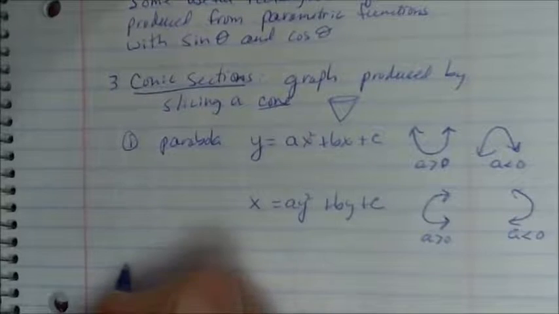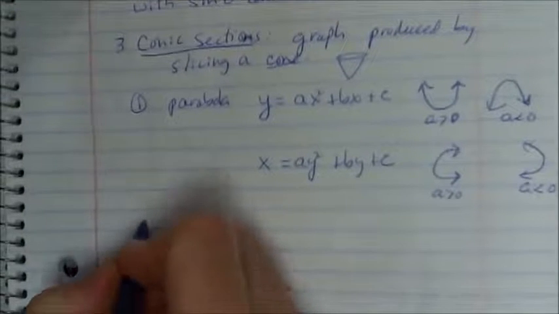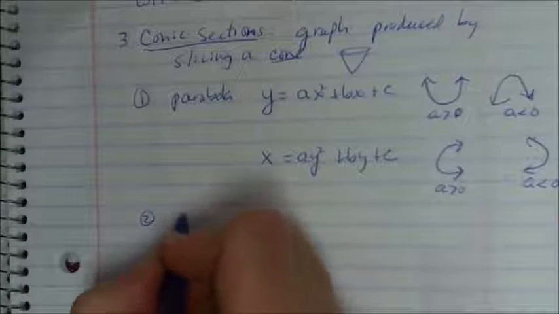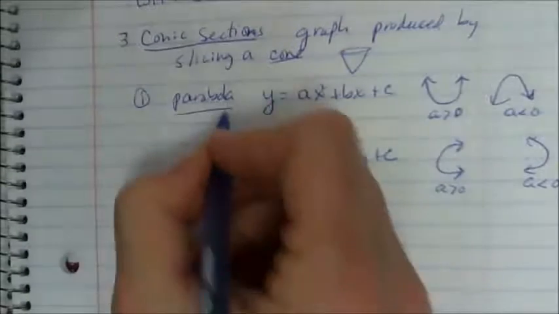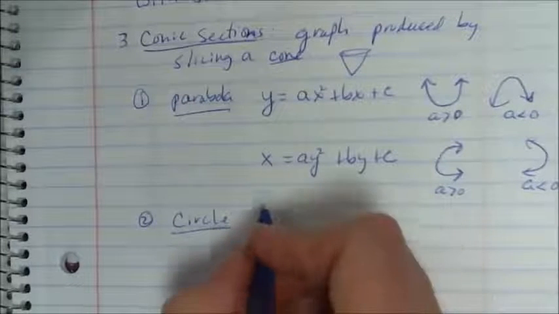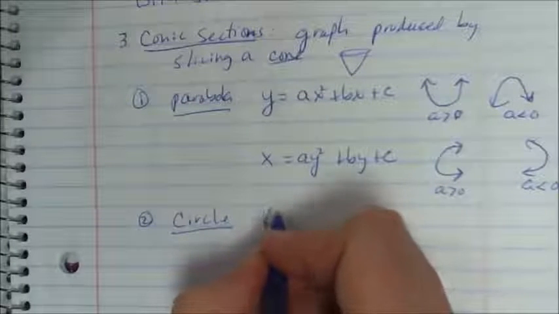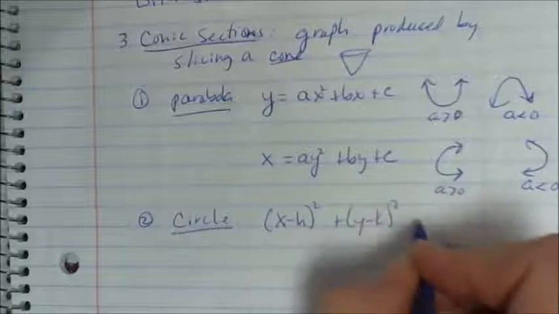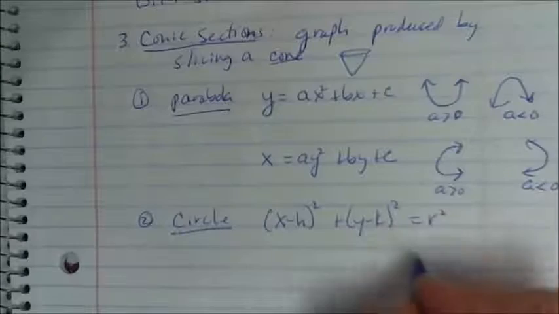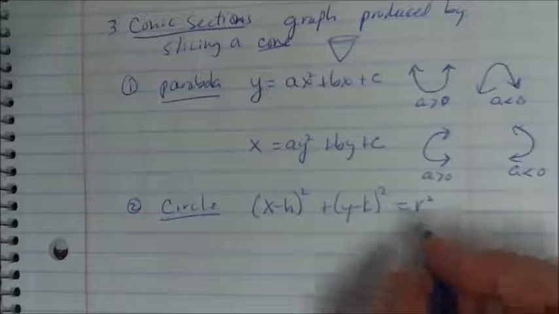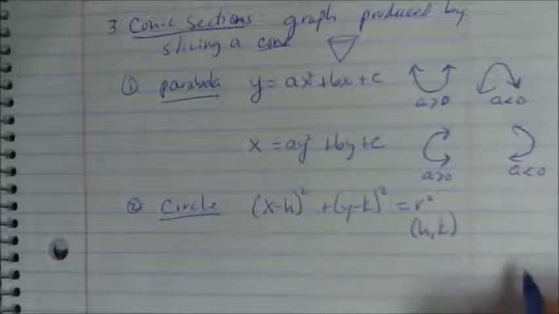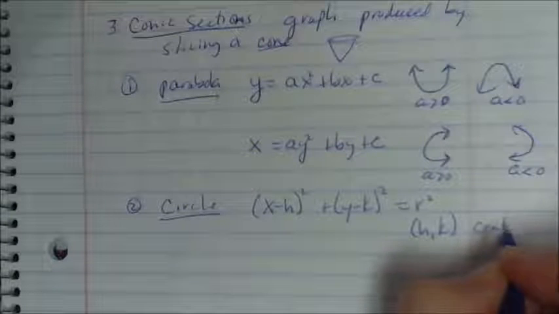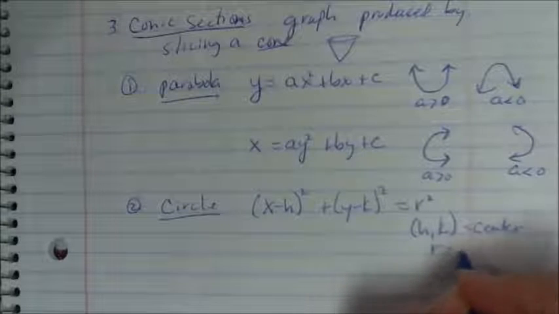The 2 important ones I'm going to concentrate on in this video, though, are the circle. And a circle's equation is (x minus h) squared plus (y minus k) squared equals r squared. H and k are the coordinates of the center, and r is the radius.